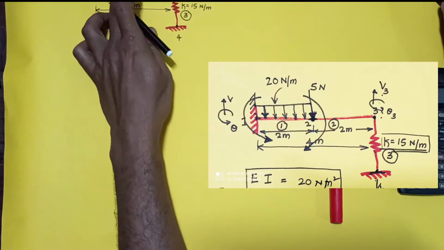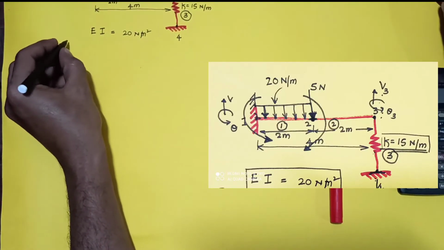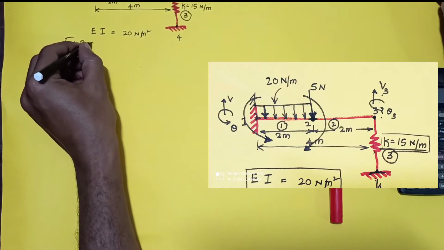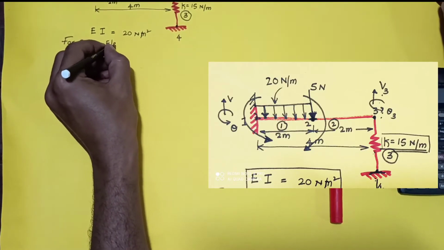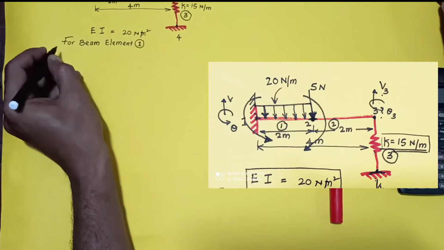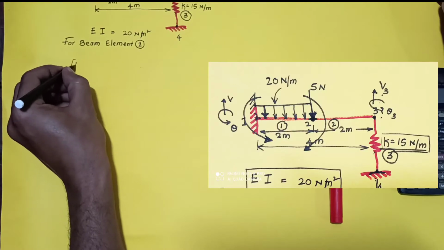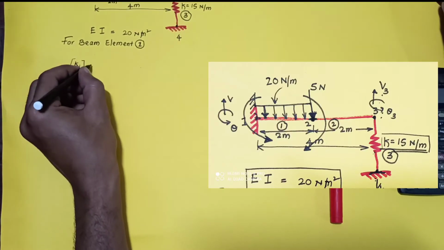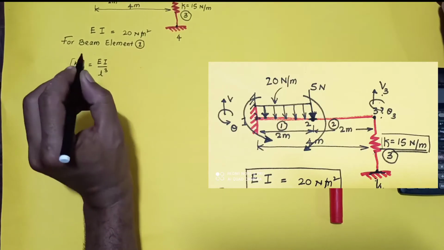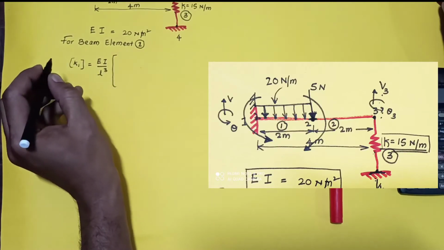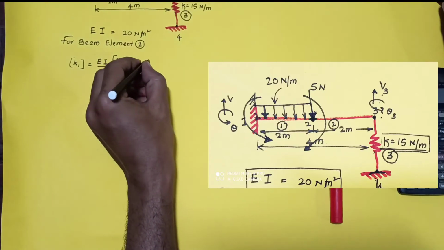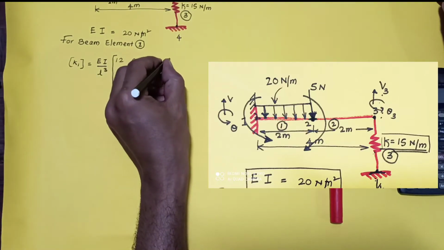So the solution: we will first take beam element 1. What is the stiffness matrix for element 1? For the beam element we say K1 equals EI by L cube, and in the bracket you will have a 4 by 4 matrix. First row: 12, 6L, minus 12, 6L.